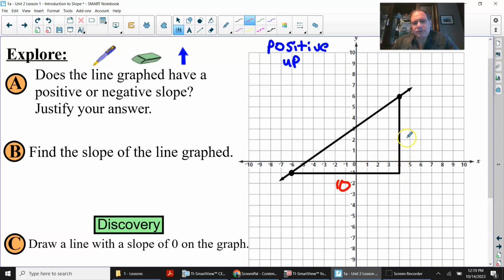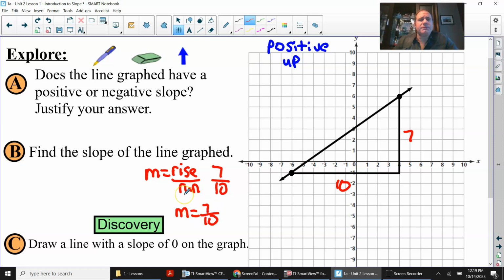Then 1, 2, 3, 4, 5, 6, 7. That is 7. So to find the slope, the slope is rise over run. The rise is 7 and the run is 10. So m equals 7 over 10.